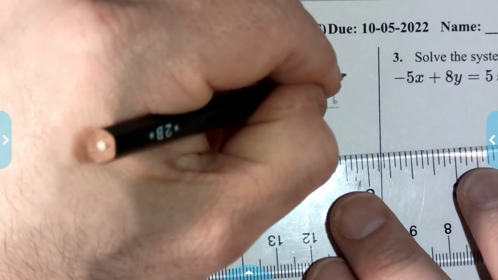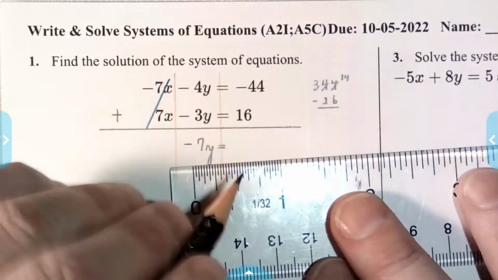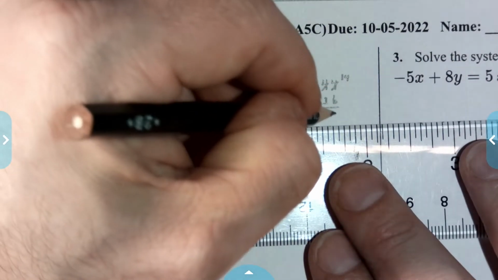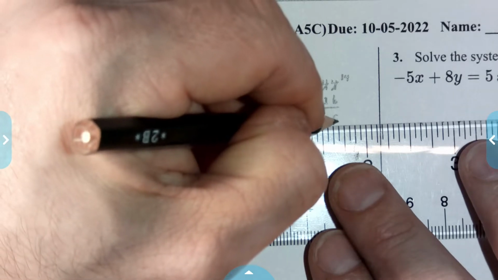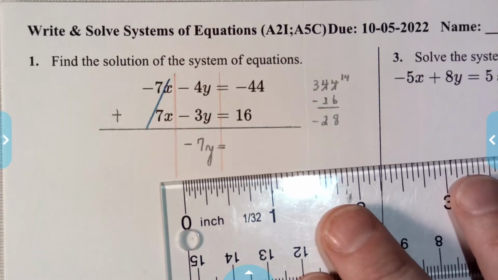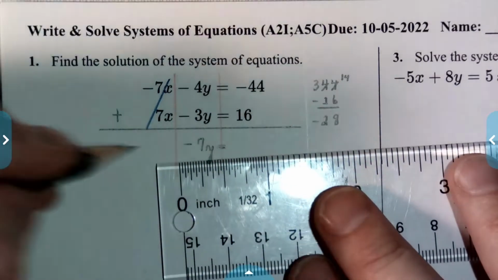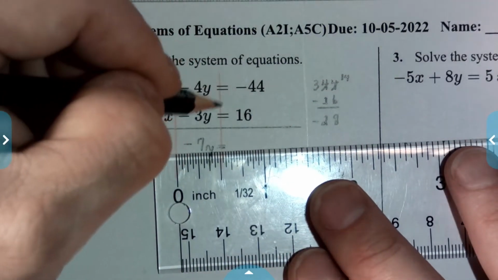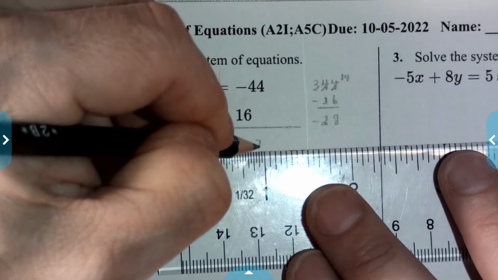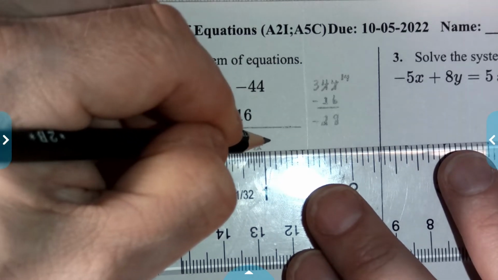This becomes 14. 14 minus 6 is 8. 3 minus 1 is 2. And it's negative. So the sum of negative 44 and 16 is negative 28. And I think we can start to see where this is heading.